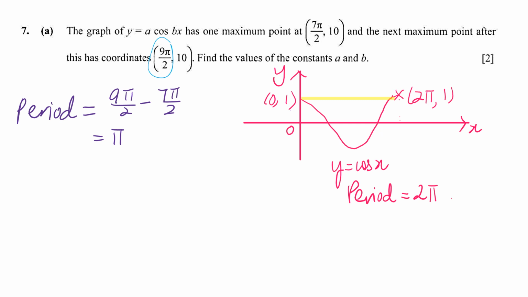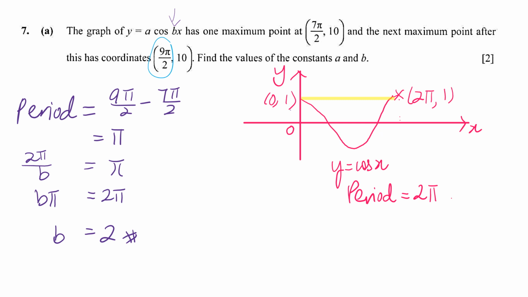Another way of finding the period is to take 2 pi divided by the coefficient of x here, which is your b. So 2 pi divided by b will give you pi, right? So just do a cross multiply and you can find b to be 2.